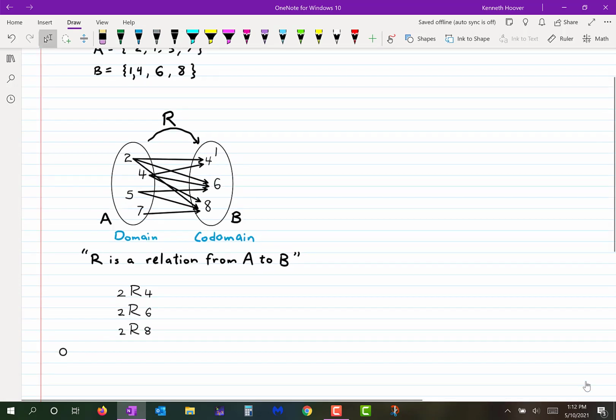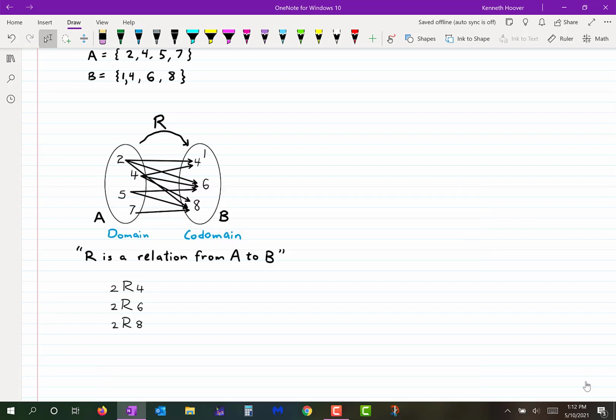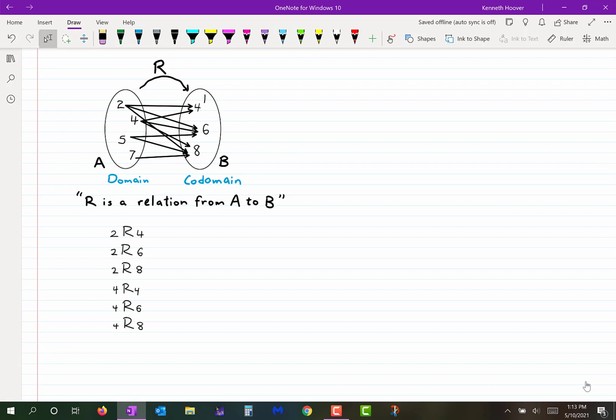I can say that 4 is related to 4. 4 is related to 6. And 4 is related to 8. I can say that 5 is related to 6. 5 is also related to 8. And I can say 7 is related to 8.